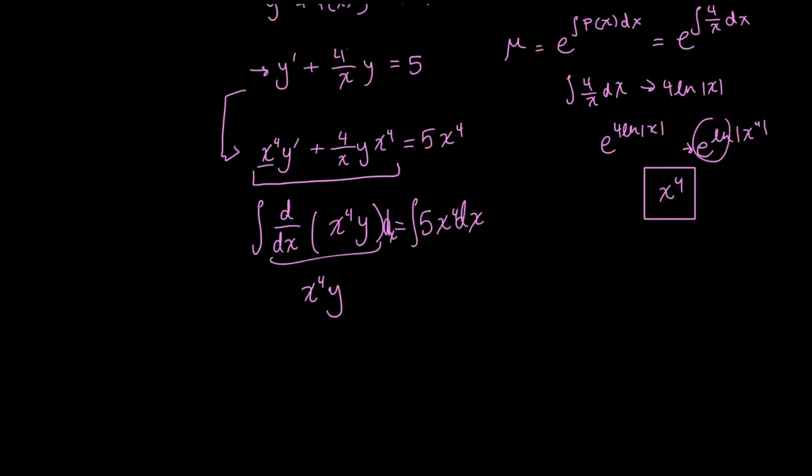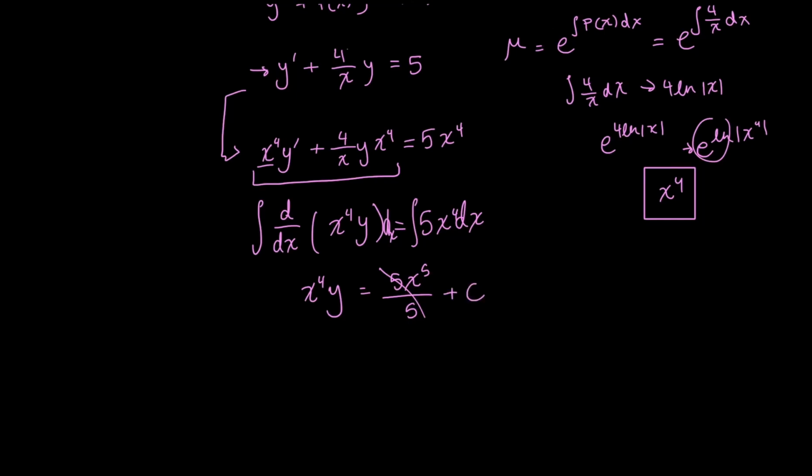Because this is a derivative and I'm integrating it, so I'm just left with my original function. And then integrating my right-hand side, I just apply the power rule, so for 5x to the power of 4, I add 1 to the power, so it's 5 times x to the power of 5 divided by that new power, so that 5 goes away, adding my arbitrary constant c.